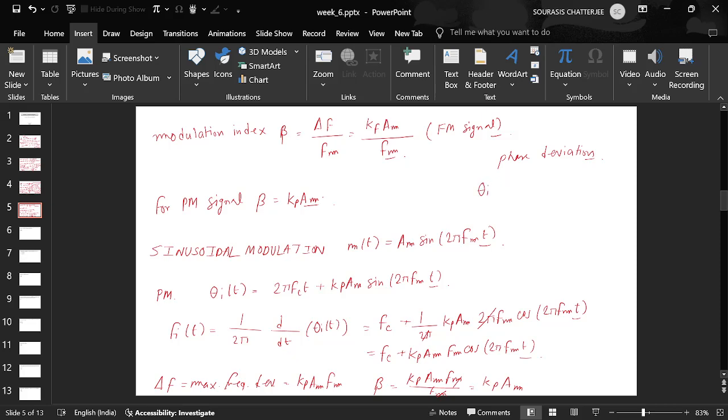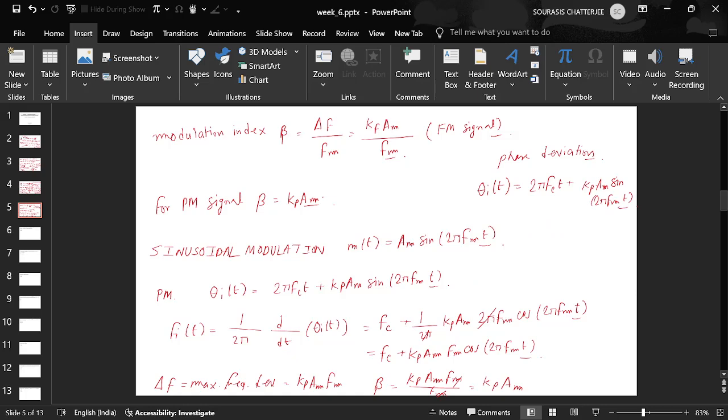Our instantaneous phase for phase modulation is going to be theta i(t) equal to 2 pi fc t plus kp m(t), which is Am sine 2 pi fm t.